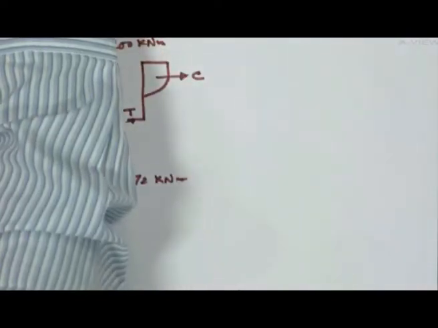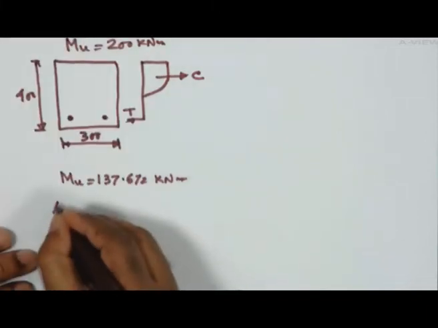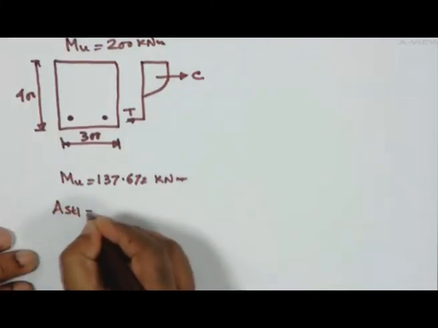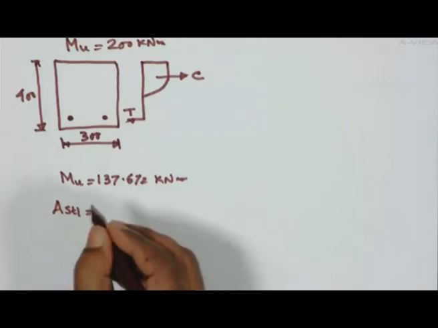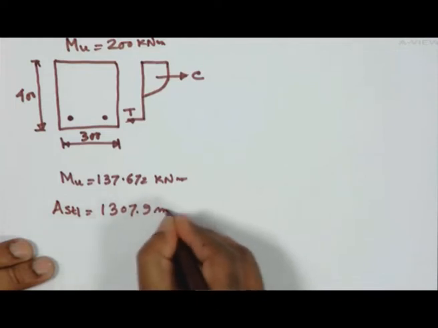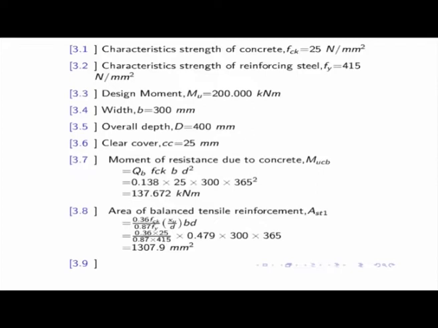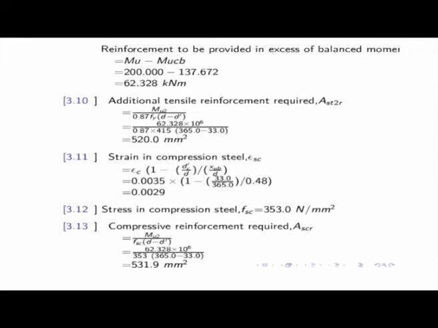So I am getting it here, and the corresponding area of steel, we call it say AST1, which will be equal to 1307.9. I should not be so accurate actually. Here we can say 1307 or 1308 could be sufficient. You can use area of steel as 1308, no need of going for decimals.